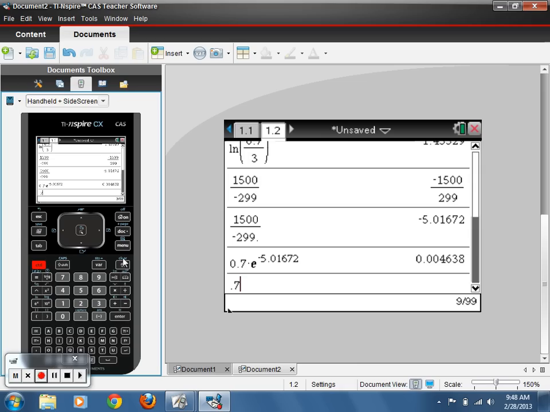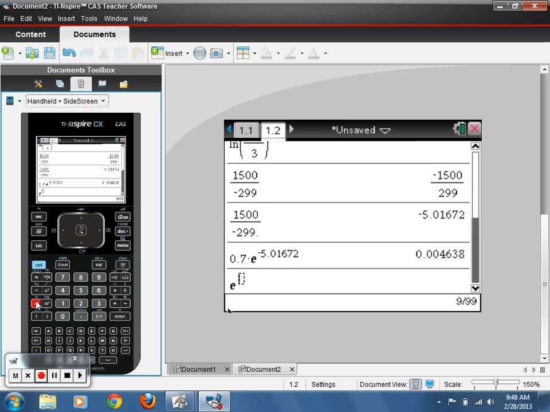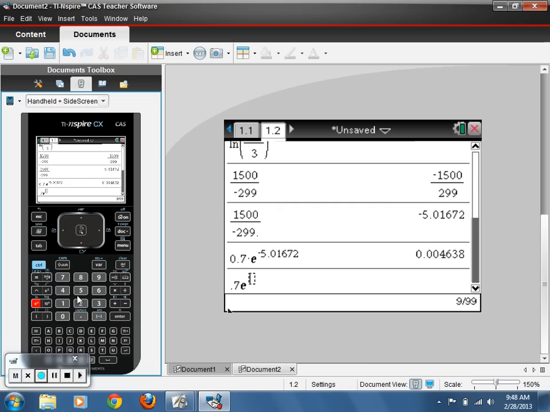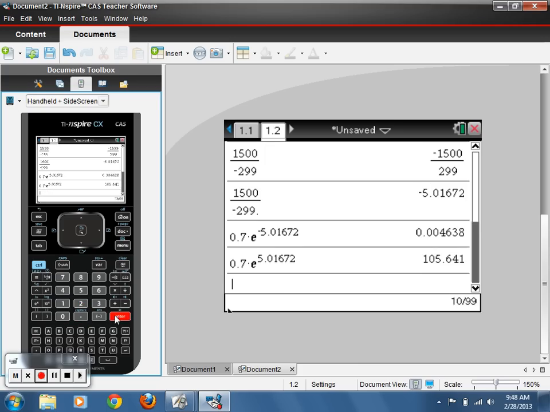Not control. I don't want to do that. Why can't I do anything right today? And I get 105, which makes more sense to the problem.